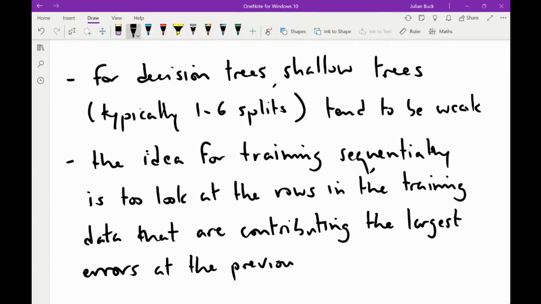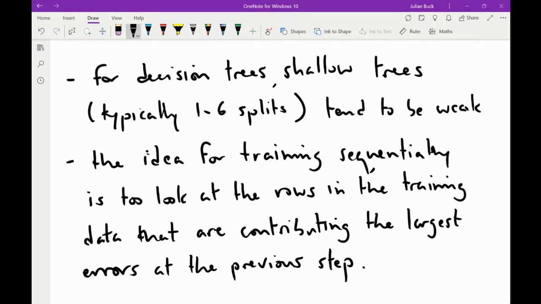So just remember again what bias is here. We have a row in the training data, just a collection of feature values and then a target value. The model is taking those feature values and making a prediction for the target value. The difference between the predicted value and the actual target value is the contribution to the bias.